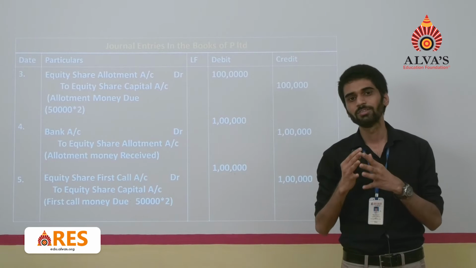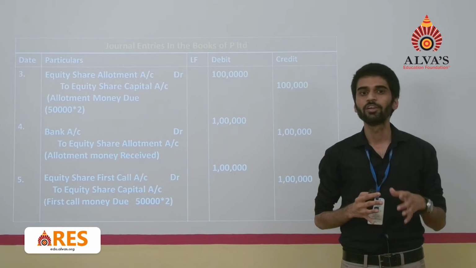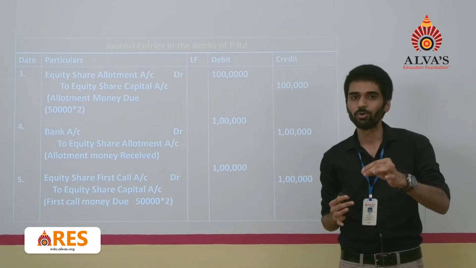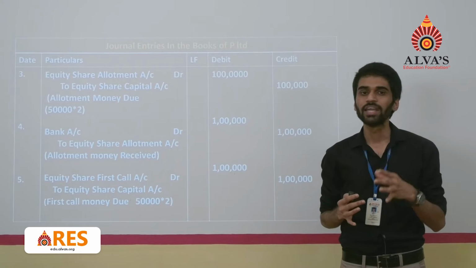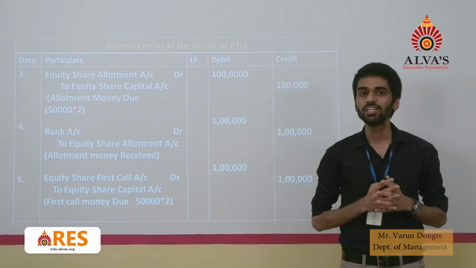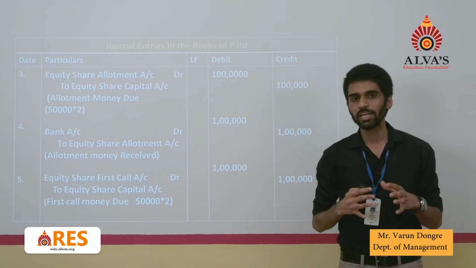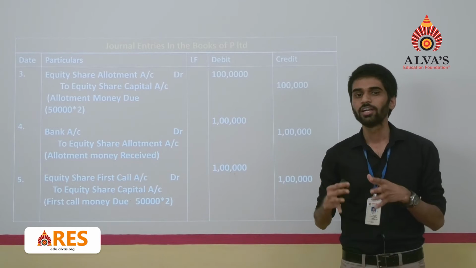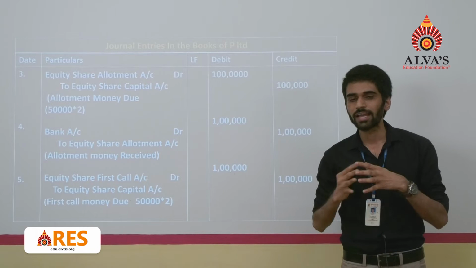Whenever there is allotment money due, we are raising the share capital. We believe that the shareholders will give the money, and thereby we are increasing the share capital. However, we give a constant notice to the shareholders that rupees 1 lakh is due from their side.